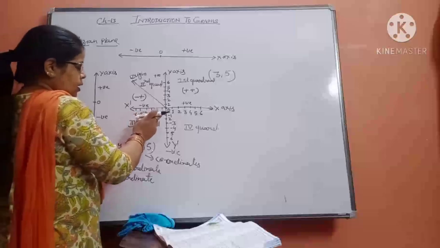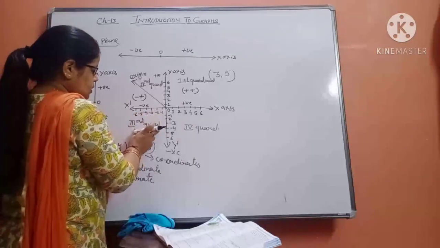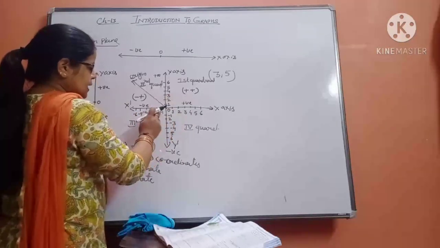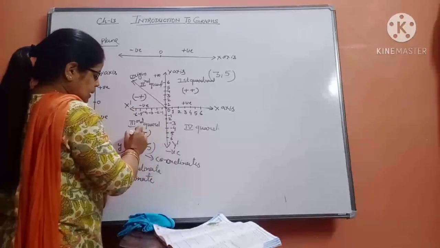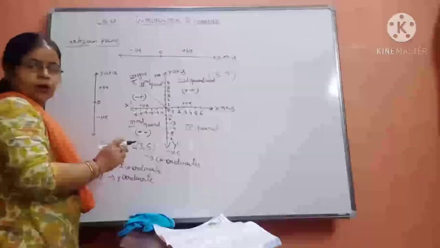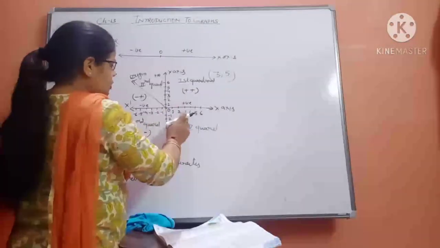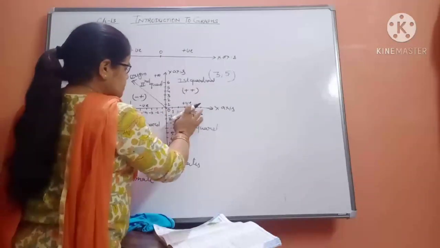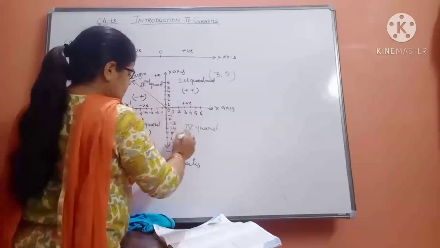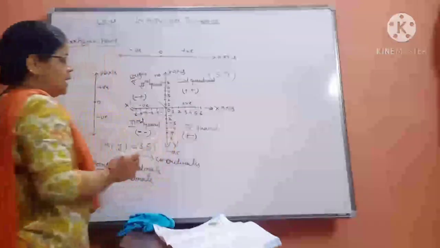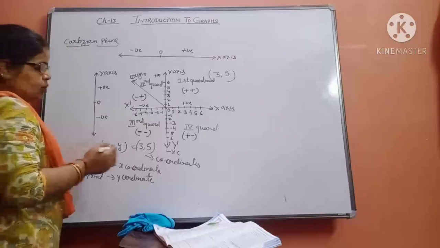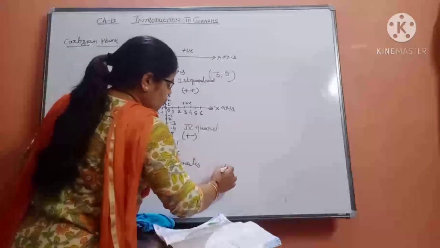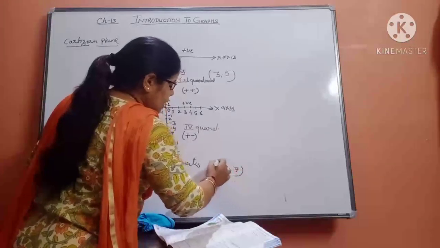In the third quadrant, x is negative and y is also negative, so minus and minus values will lie in this quadrant, okay. And then in the fourth quadrant, x is positive and y is negative, so plus and minus values will lie in this quadrant, okay.